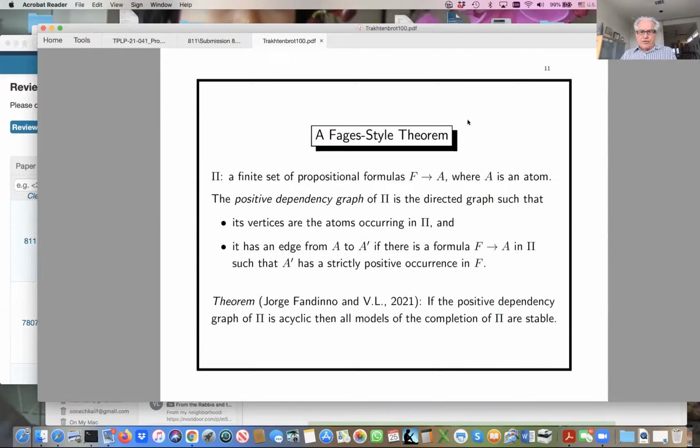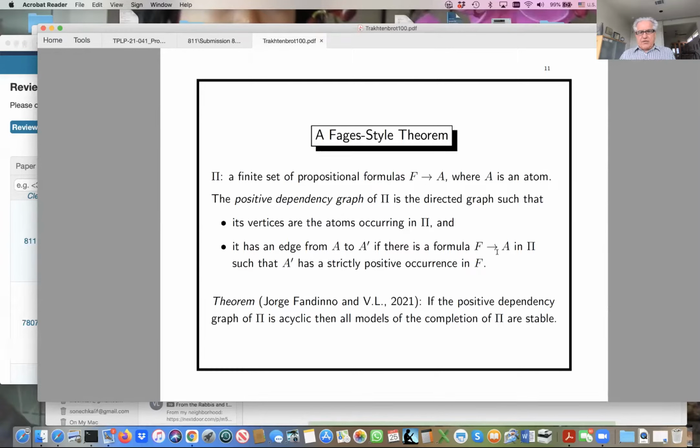And what I want to show to you is a recent result of this kind. What this theorem says is that if you have this finite set of propositional formulas of this form where F is arbitrary, what you can do is form what we call the positive dependency graph of pi. It's a directed graph such that its vertices are the atoms occurring in pi, and the edges are organized in the following way.